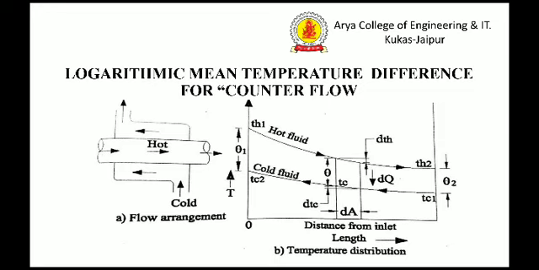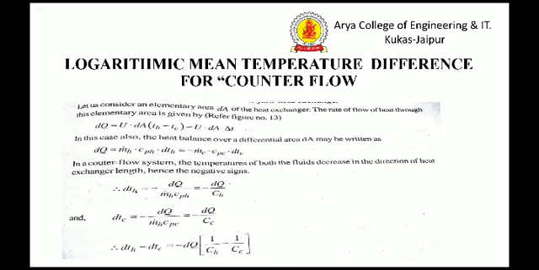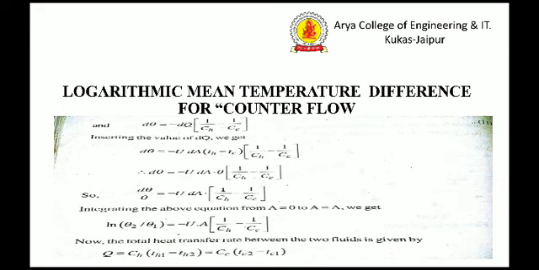We can easily see the temperatures theta 1, theta 2, dTh, Th2, dq are all the same as the parallel flow, but the direction is different. Now we will calculate dq is equal to mh cph dTh minus mc cpc dTc. We will calculate dTh minus dTc, that is equal to minus dq (1 by Ch minus 1 by Cc).